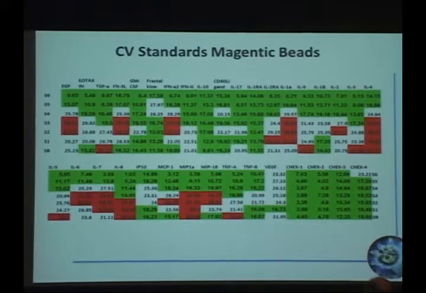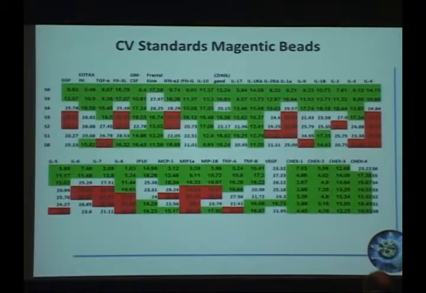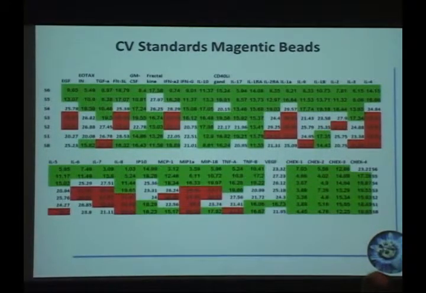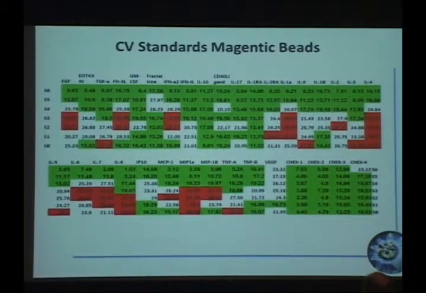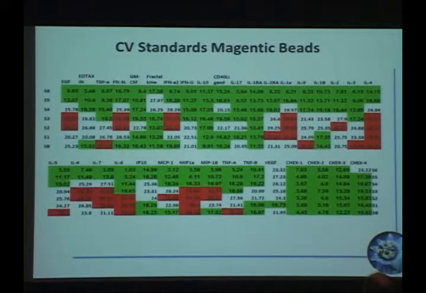Now, to sum it up, and this is only one example, I can show you multiple examples like these where we look at the CVs of the standard curves, put in numbers. And what you see is that basically the first half, standard 1 through 3, is much more red.